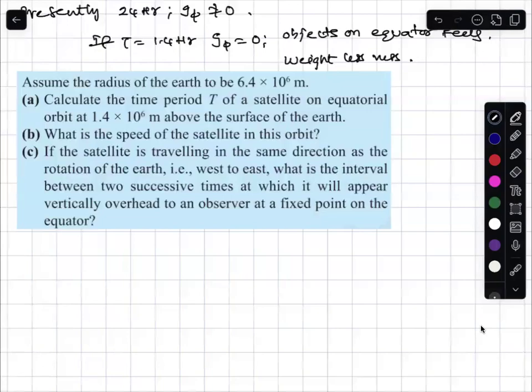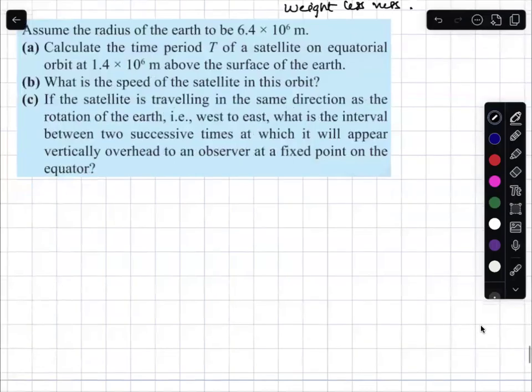In this question, what exactly do they want? Calculate the time period of the satellite on the equatorial orbit at 1 point. They have given you radius. Fine. But remember, there is a confusion here. Have they given the radius, or have they given you the height of the orbit?